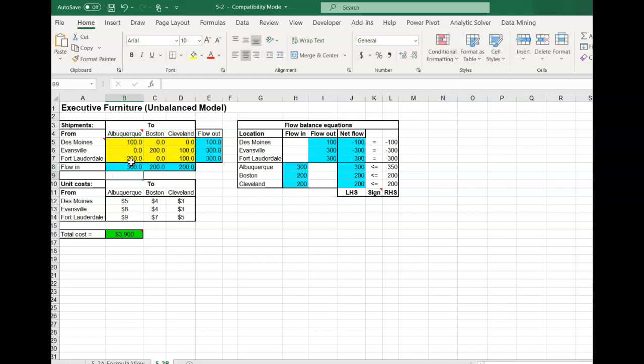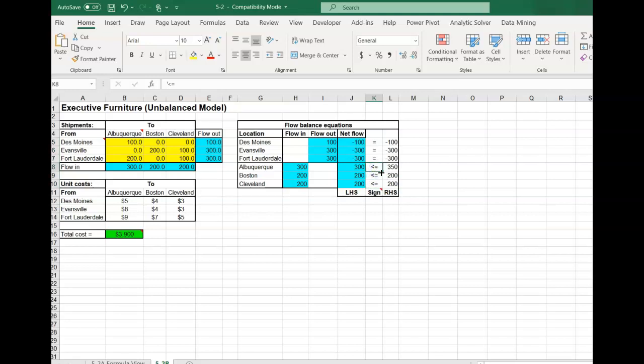Now, in our original problem, we had our balance flow equations such that all of these were the equal sign. But for an unbalanced model, especially for this example, the demand is higher than the supply, which means that your demand cannot be exactly met.